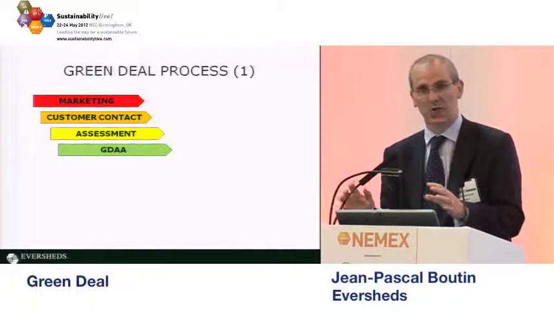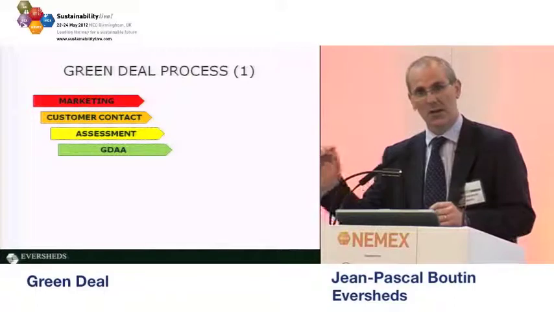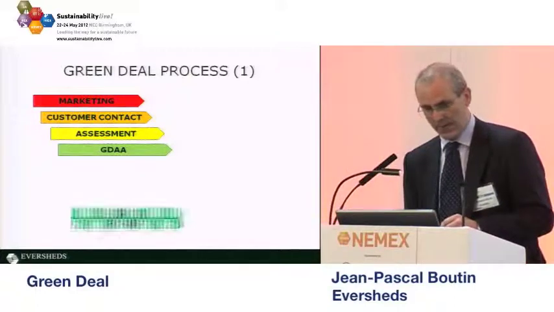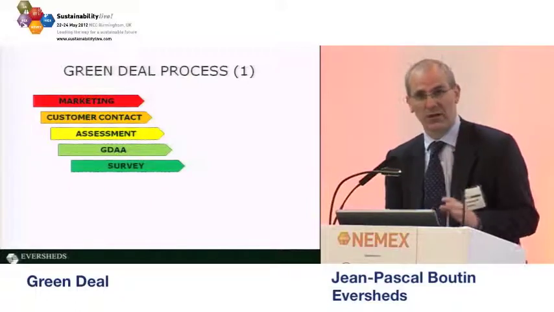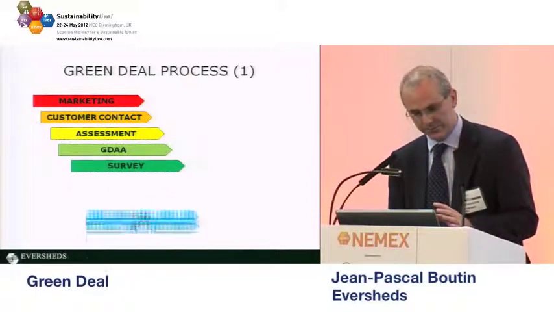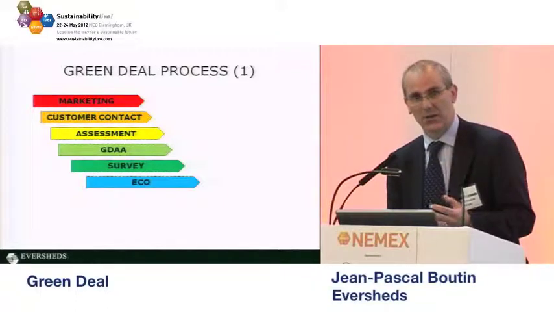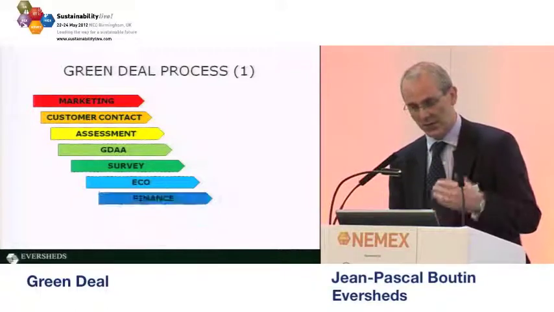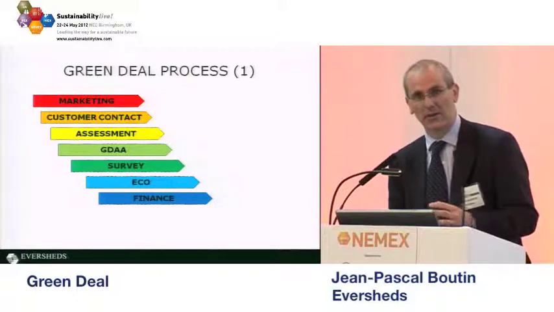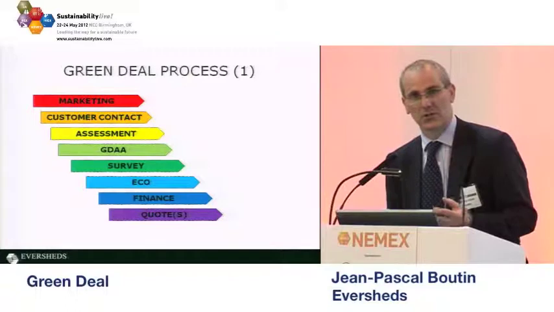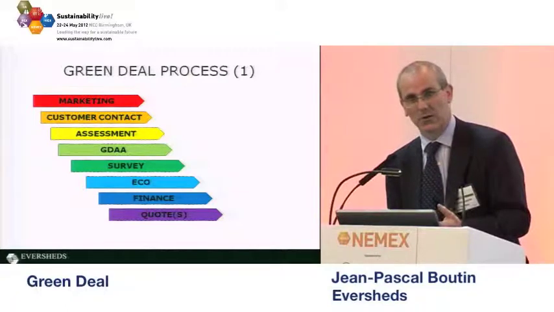So they'll be able to check whether that householder has a bad credit history. And then the Green Deal provider will carry out a survey of the house. It will determine what eco-funding is available for that house, and also determine the type of finance it will have available, and then it will be in a position to provide a quote to the householder.